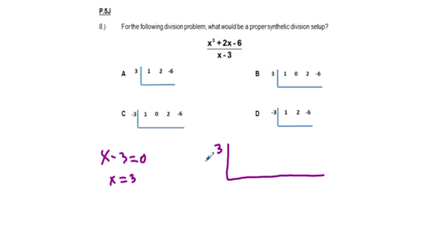So 3 is going to go on the outside here. That's going to disqualify, I think, answer choice C. And what else? Answer choice D. And then the numbers here, we have 1x cubed, and, very important, 0x squared, and 2x and minus 6. So our correct answer is going to be B.